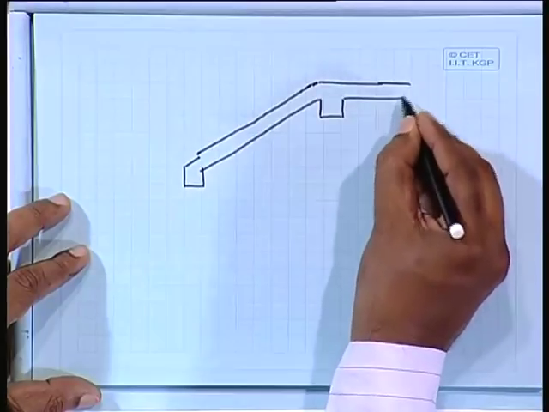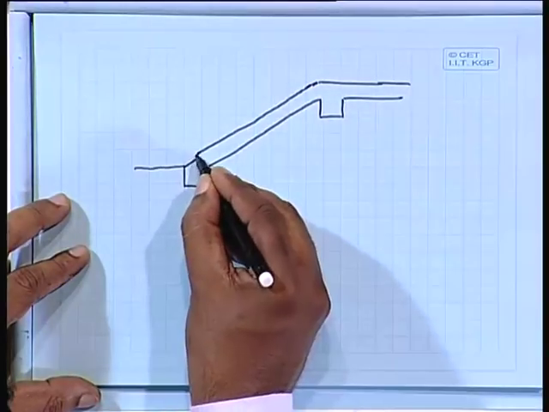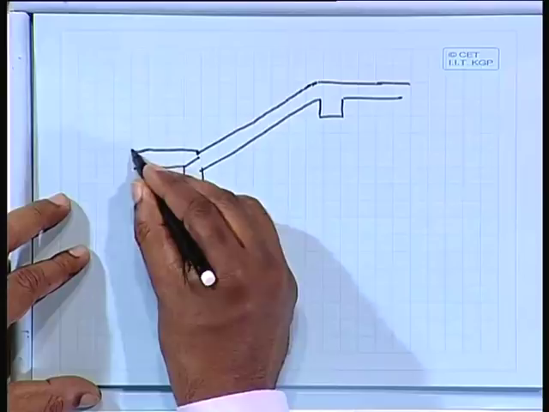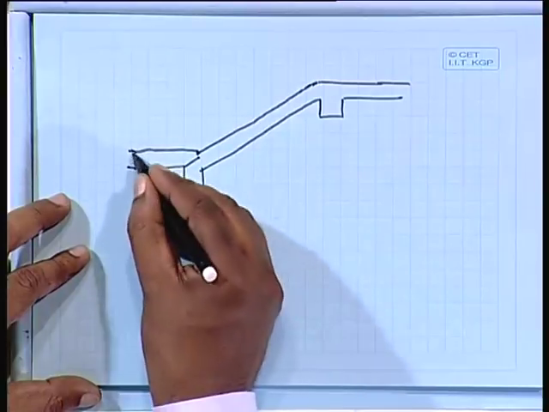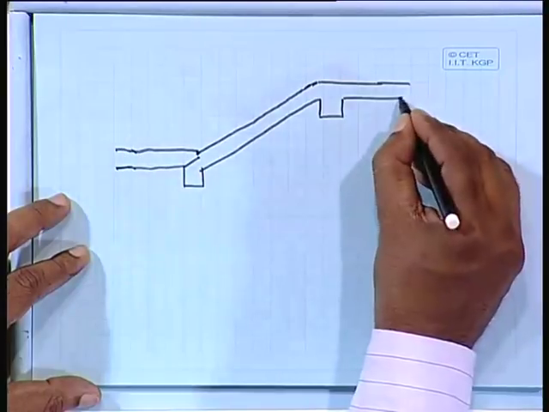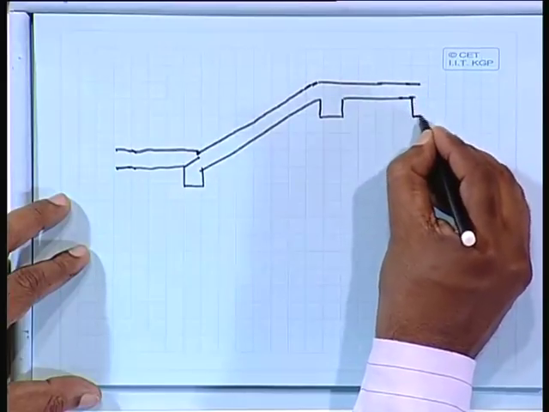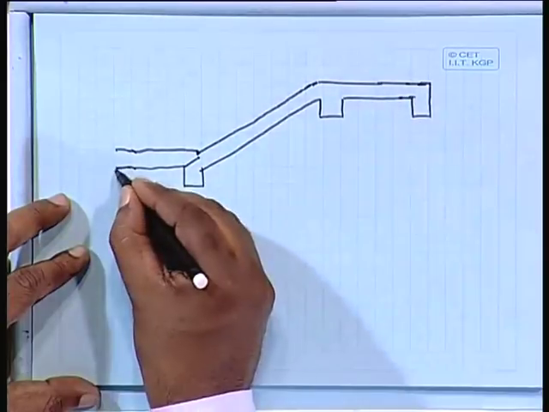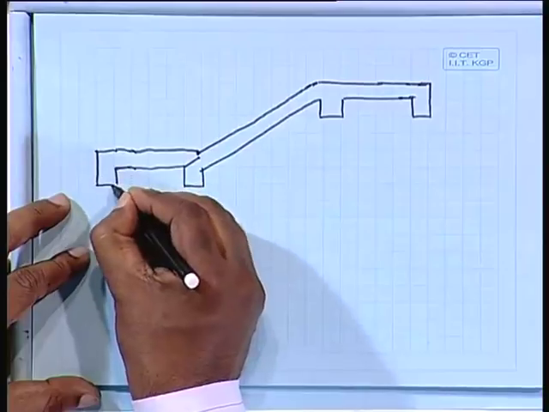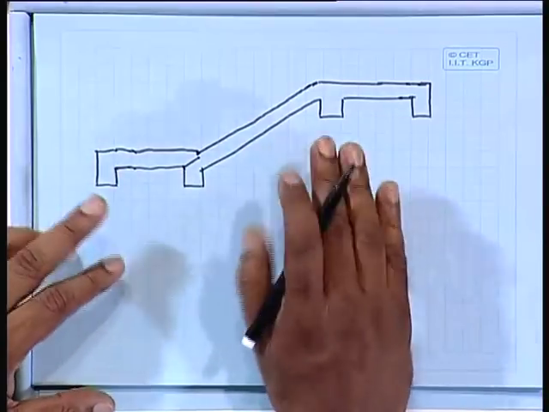And either it may be a cantilever, the case which I have shown here, or it may be supported. That means it may have something like this also. So in this case, this is your one type.